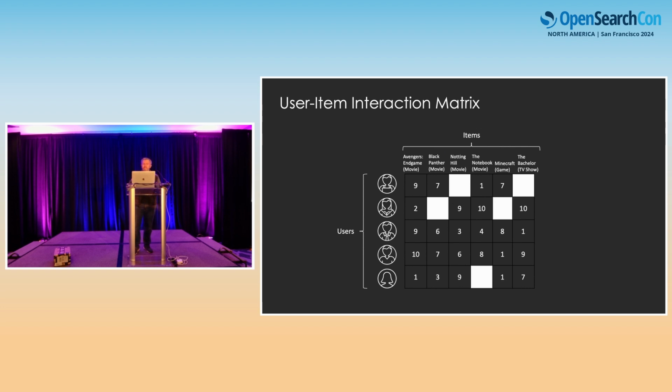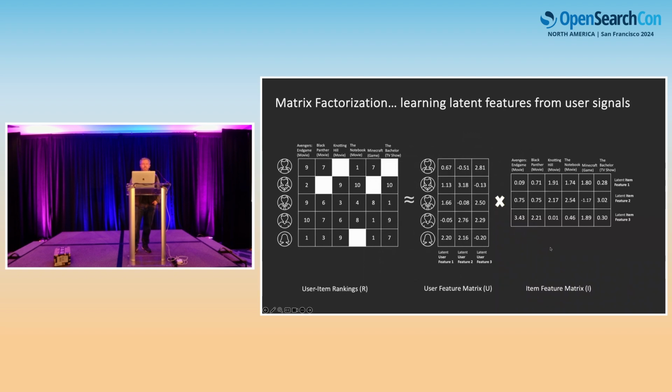What types of things are they showing the most interest in? And notice in these squares here, I don't have any activity. I just don't know. With matrix factorization, what you do is you take that user item interaction matrix, the user rankings matrix, and you break it into two matrices. You have this user matrix, or user feature matrix, and you have this user item matrix.